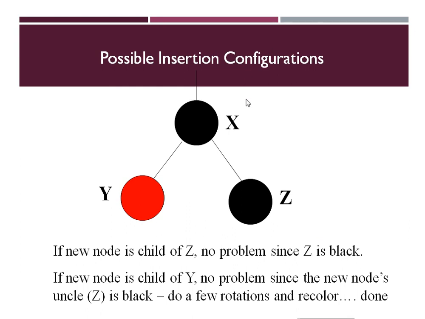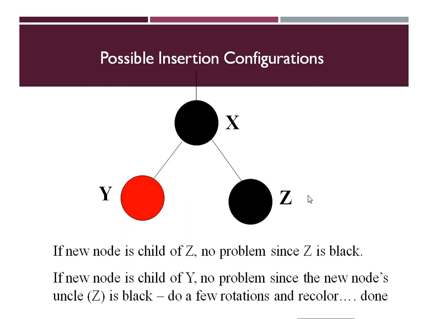If we insert a new node at Z, Z will become the parent of the new node, and it satisfies the property that the parent will always be black. The color of Z is already black, so there will be no issue.